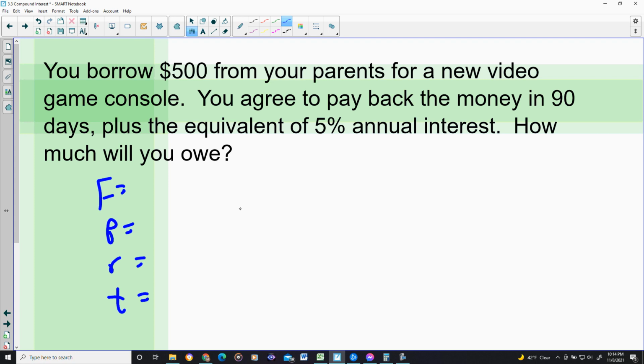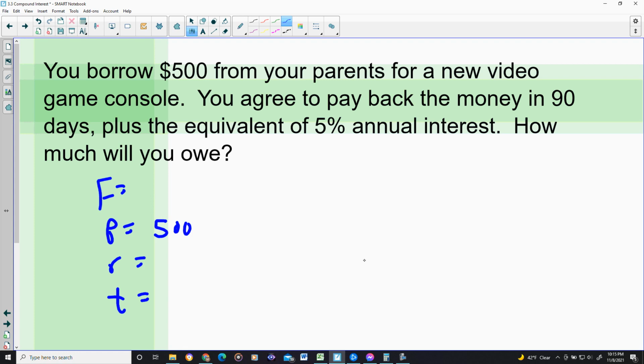Okay, so once we have this, let's see. You borrow $500 from your parents for a new video game console. So that must be what we start with, $500. You agree to pay back the money in 90 days plus the equivalent of 5% annual interest.